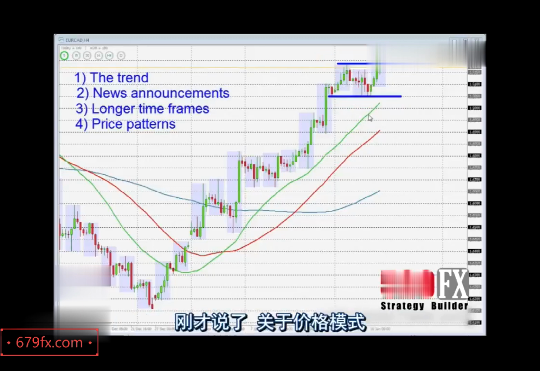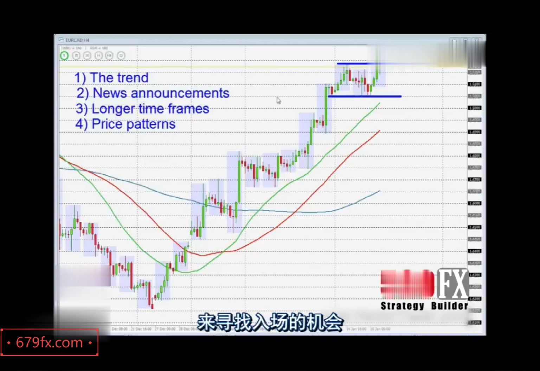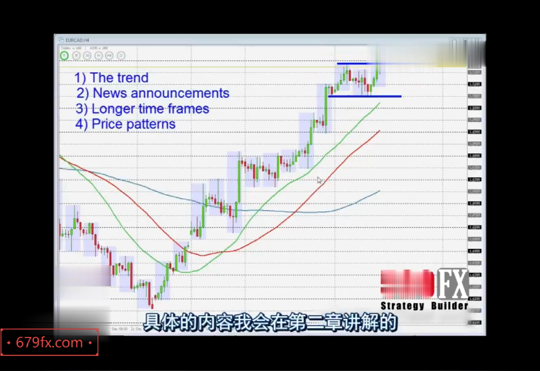Like I say, I don't want to get too much into how to recognize price patterns, and how to find a possible trading opportunity in those patterns. In this case, I do see a price pattern, and I know what to do when I see this type of formation, because I explain all about it in chapter number 2.